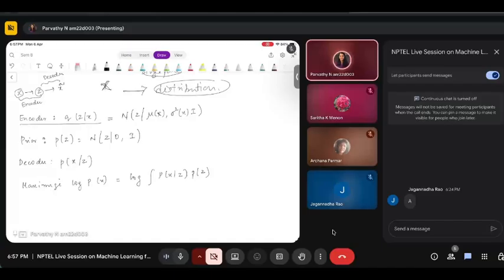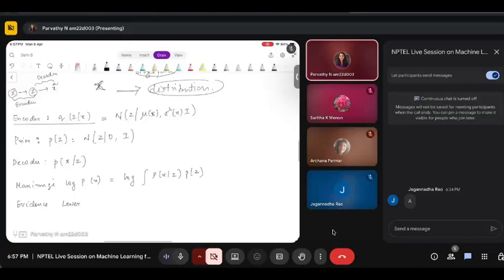Computationally, it will not finish in polynomial time, but it will take some complexity that is higher than polynomial time. So it is computationally intractable. So they have come up with something called the evidence lower bound, that is ELBO.